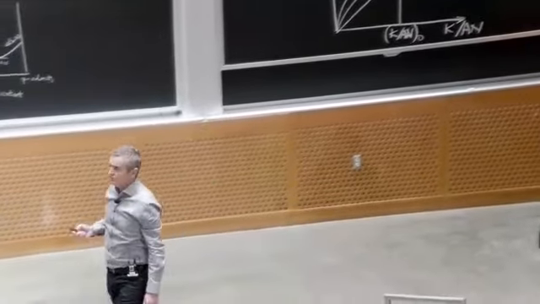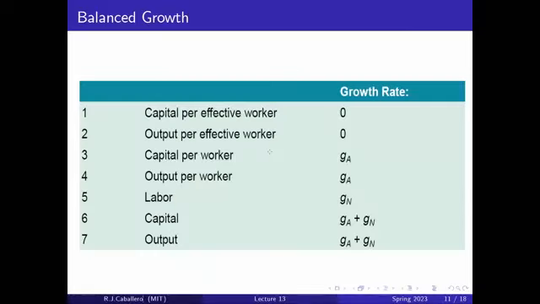So let me actually show you that, and then I'm going to go over the experiment I want to have. So this is what is happening in that steady state. Capital per effective worker at the steady state, so at that point there, is 0. That's my definition of a steady state. Output per effective worker is also growing at the rate 0.